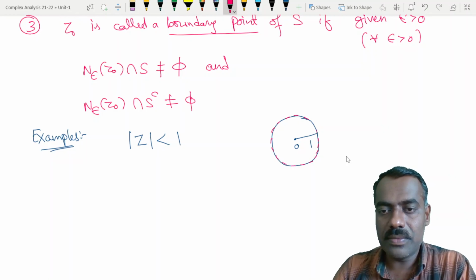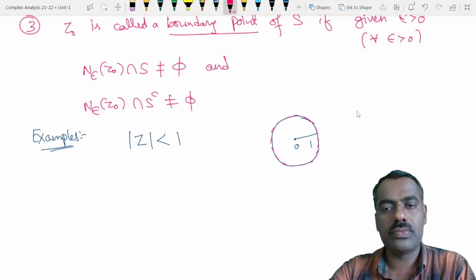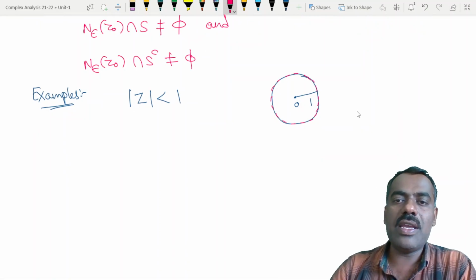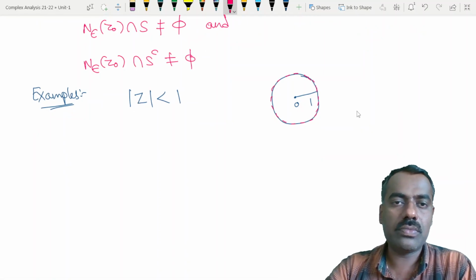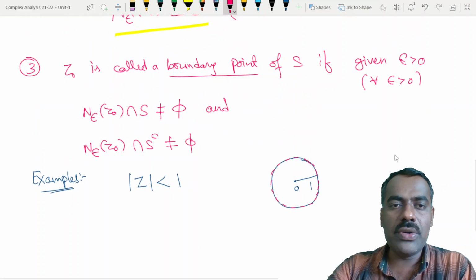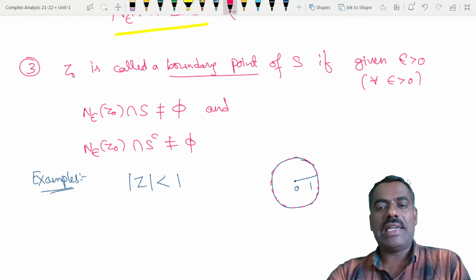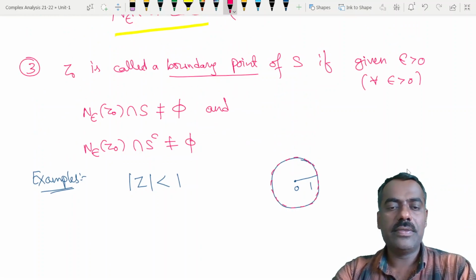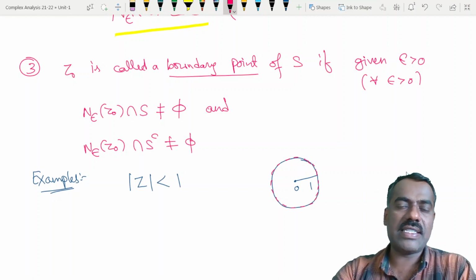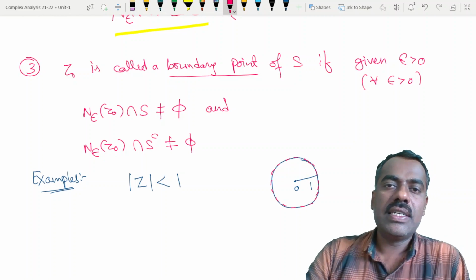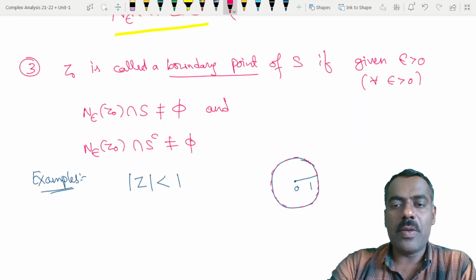Is that clear? Remaining all points are inside here. Okay, so this is our S. Can you give at least one point which is an interior point?